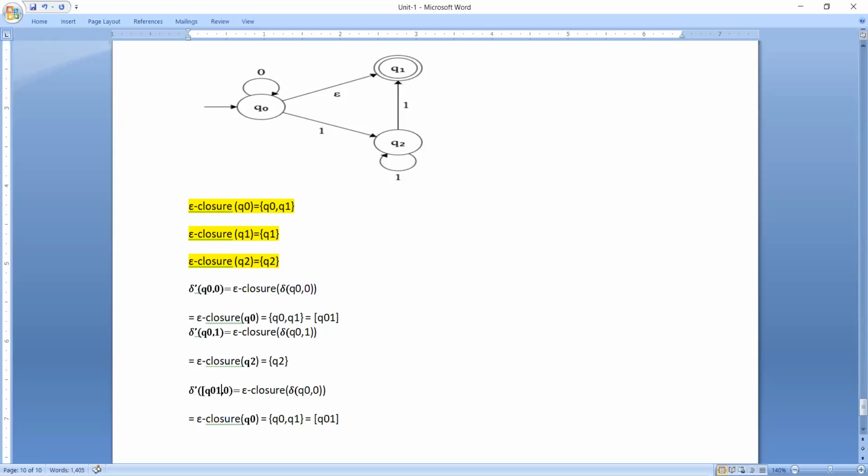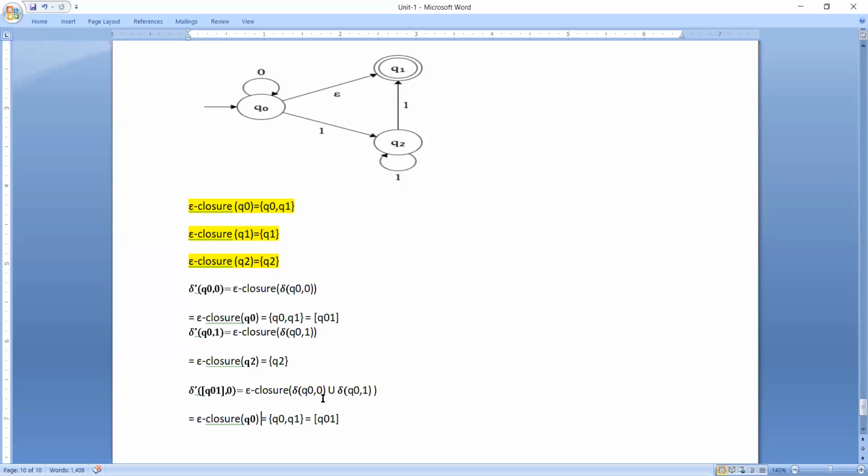So this is going to be Q01 on 0. This will be the epsilon closure of the union of delta of Q0 on 0 and delta of Q0 on 1. Now please try to understand why I am taking the union: Q01 is the combination of two states, and I take the union of these two states on input symbol 0. So Q0 on 0 union Q0 on 1.